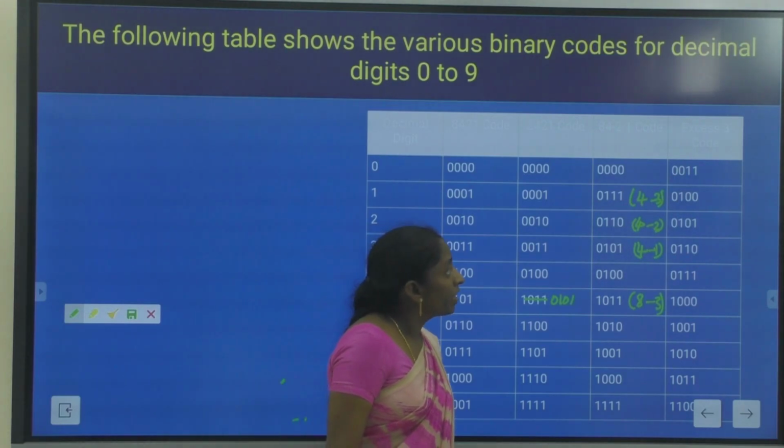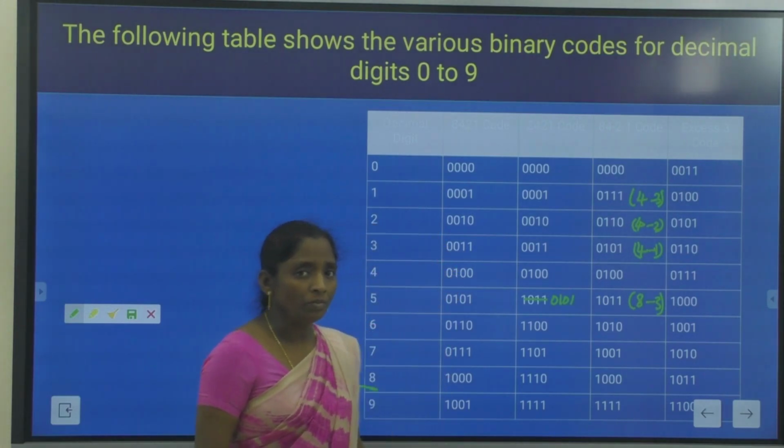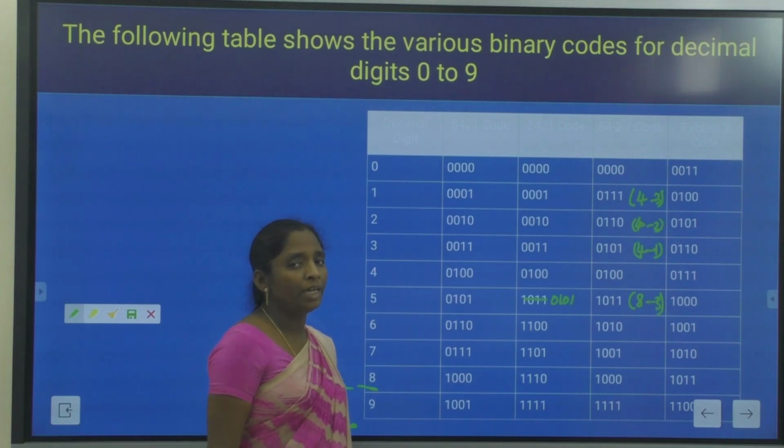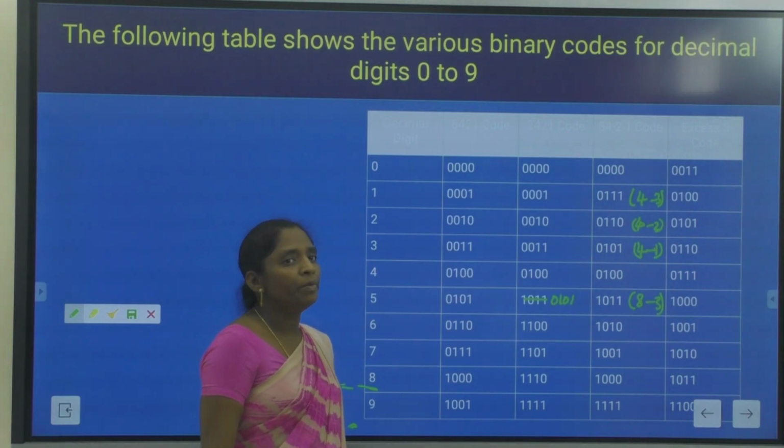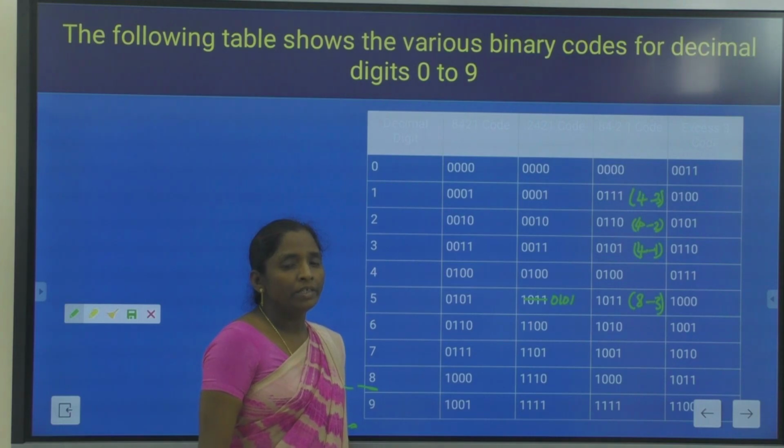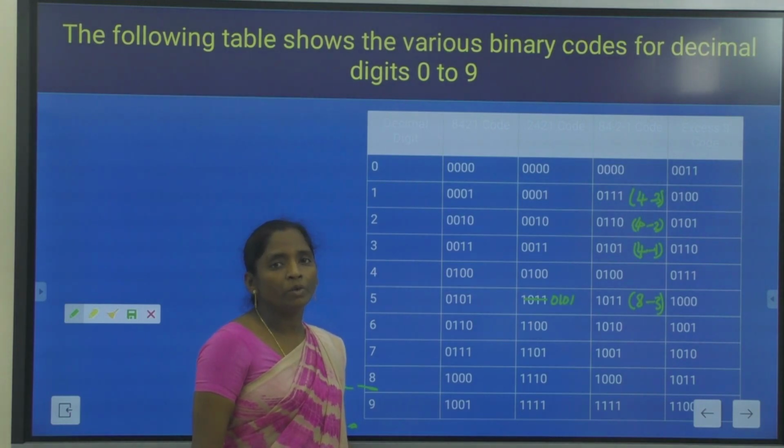Next one, XS3 code. The name indicates XS, that means excess 3: it is the 8421 code plus 3. Here we are adding 3 to the 8421 code.